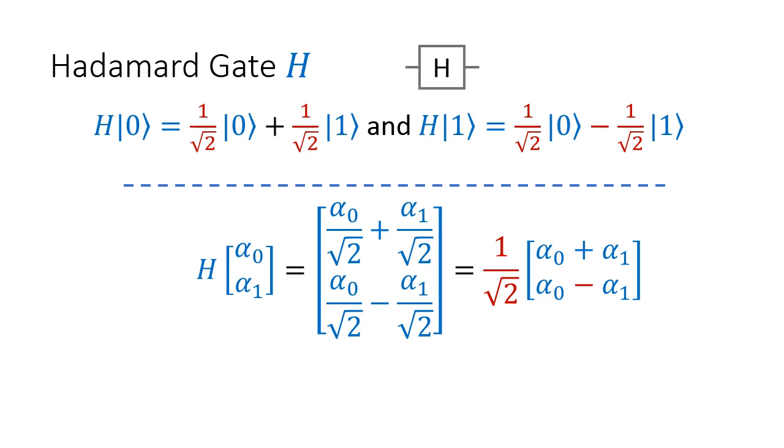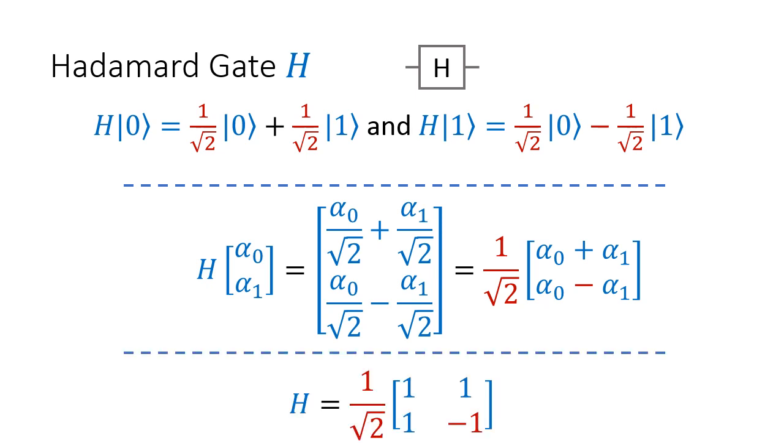Hadamard gate acting on alpha 0, alpha 1 becomes 1 over square root 2 times (alpha 0 plus alpha 1) and (alpha 0 minus alpha 1). H can be expressed in this matrix form.